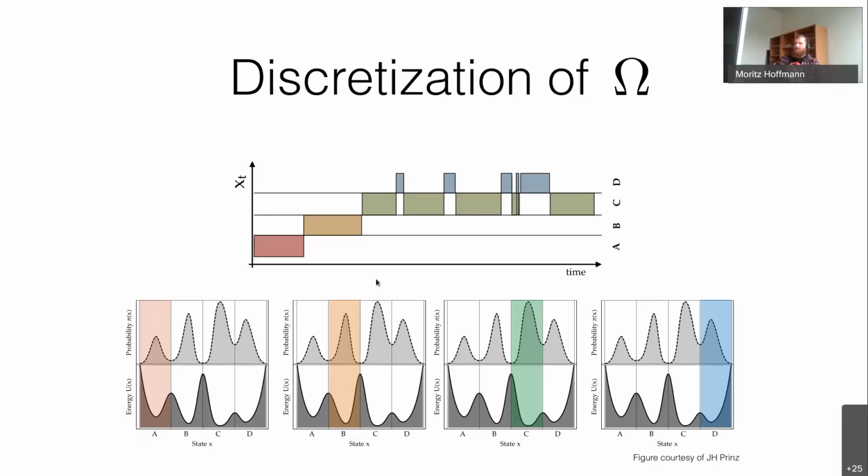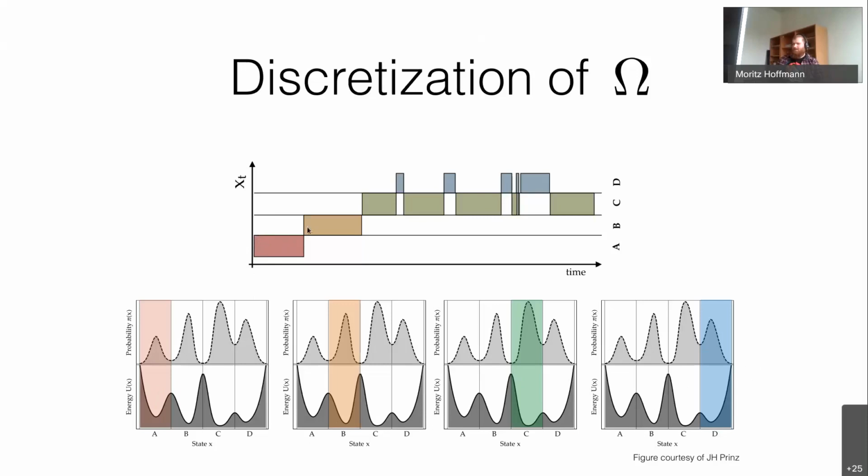And this would give us a time series of a particle which actually diffuses around, but we only see one value here. So let's say red is 0, orange is 1, green is 2, and blue is 3. Then we would see something like 0, 0, 0, 0, and so on.